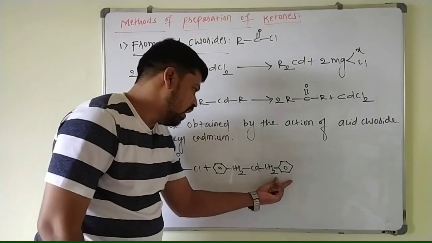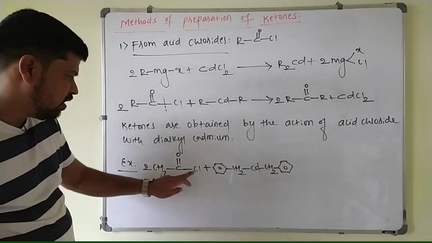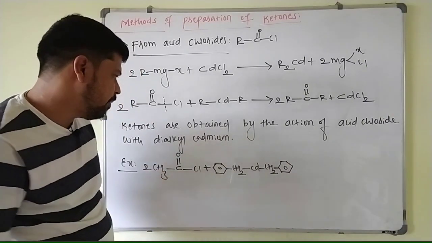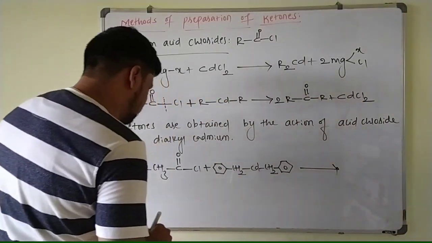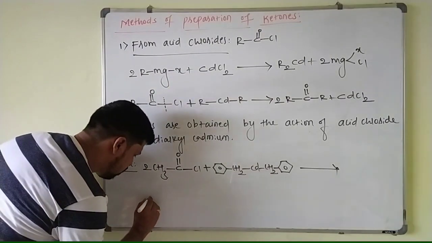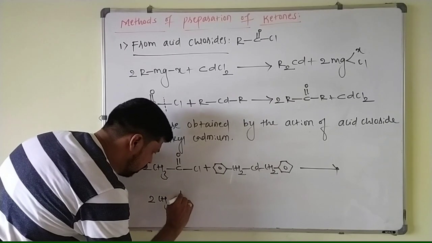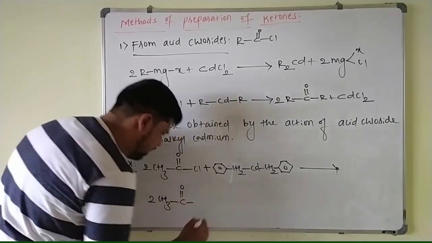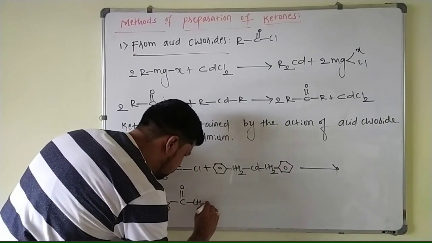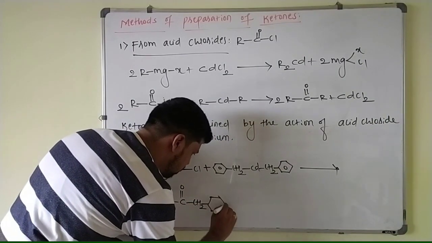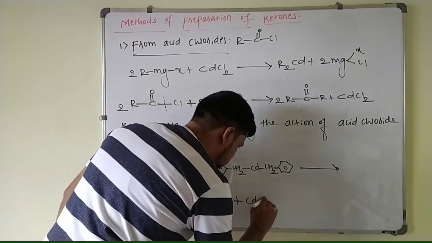These 2 alkyl or aryl groups are added to this acetyl group here. These 2 chlorines will combine with cadmium. So what will be the result here? You will get 2 times CH3 C double bond O and here you attach this benzyl group, this is CH2 and a benzene ring, plus cadmium chloride.